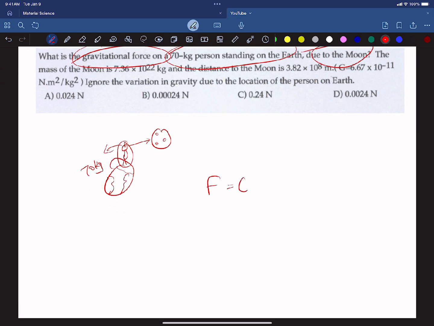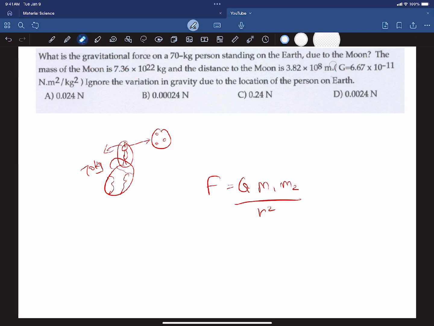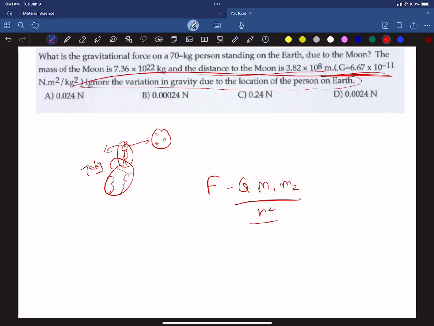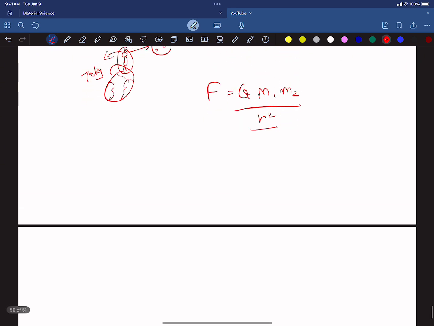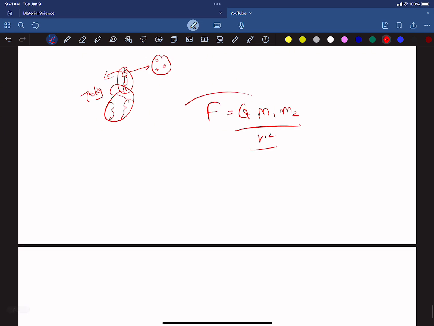So F is equal to G times M1 M2 over R square. The mass of the moon is given in the question and the distance is given in the question, which is R. The gravitational constant is given. Ignore the variation of gravity due to the location of the person on earth. That's random stuff. We just need to use this formula.